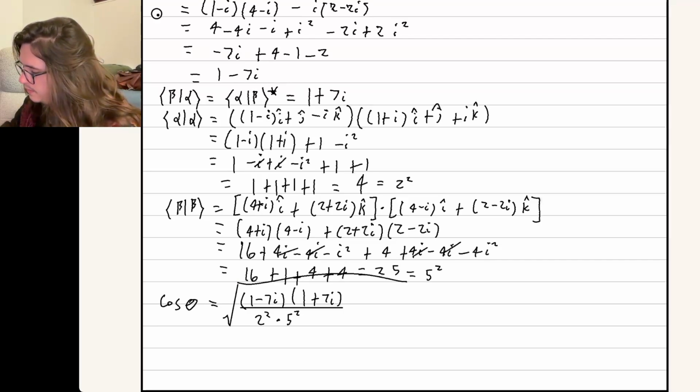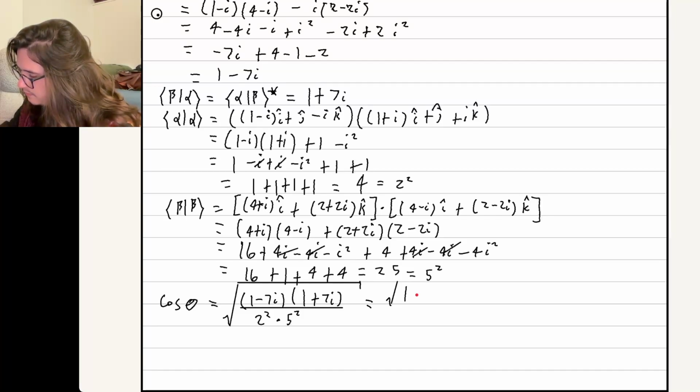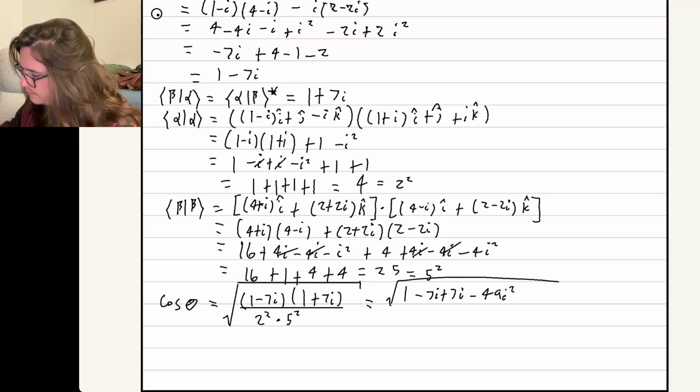Cool. On the top side of this fraction, I'm going to expand the multiplication, but then I'm also just going to do the square root of the denominator. So this is going to be, no need for parentheses now, the square root of 1 minus 7i plus 7i minus 49i squared.